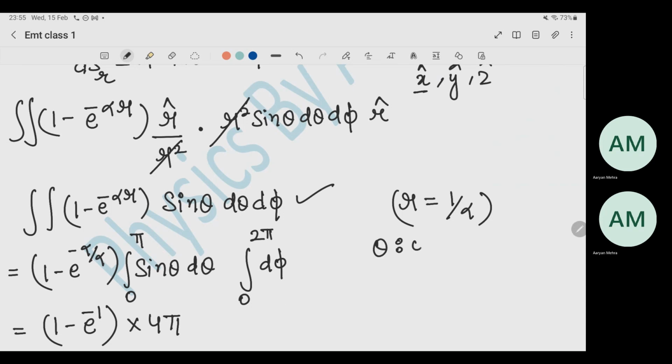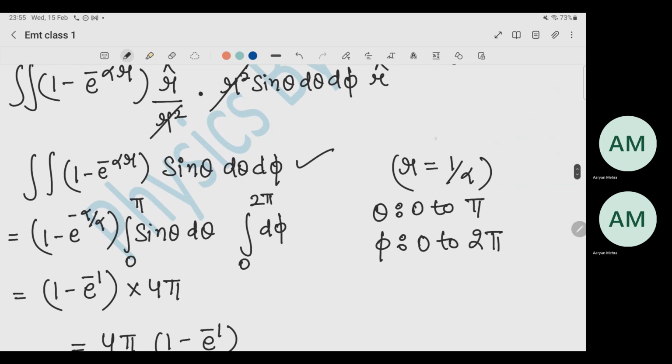Your theta varies from 0 to pi, that you should know if you know the spherical coordinate system, and your phi changes from 0 to 2 pi. And your r is fixed because the radius of the sphere is already given. It is alpha minus 1, that is 1 by alpha, so I have put the value of r.